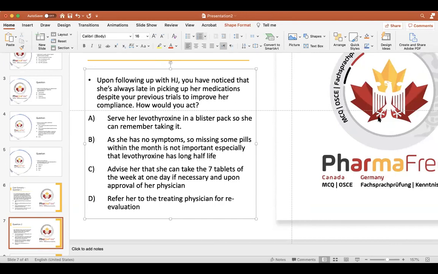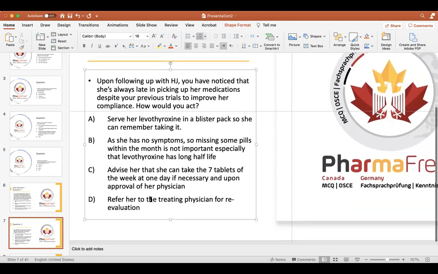Okay, so yes, here we have, my friends, 2 answers. One of them is correct. Refer to physician, this could be right. But here, have you ever heard about the weekly dosage of levothyroxine? Doctor, that is actually correct, but maybe it's because of a side effect that she's not taking it. We don't have enough information.